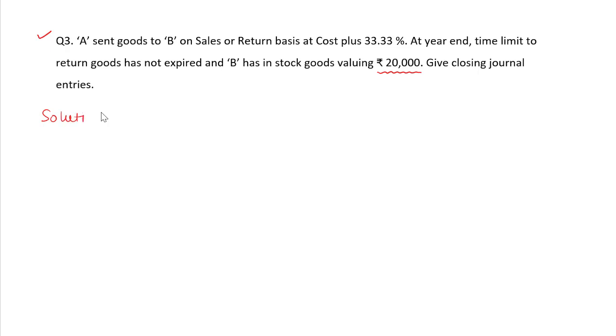Solution. A sent goods to B on cost plus 33.33%. The value of the goods at B is 20,000. So this is including the profit.